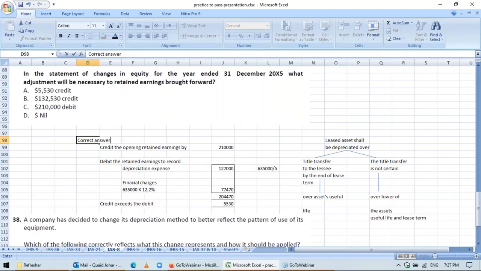So now we will remove the 210,000 expense from the profit and loss account in the previous year. So that will increase the profit by 210,000, and we will reduce the profit by the depreciation expense and the financial charges, which sum up to 204,470. The correct answer is that it will increase the profit by 5,530. So it's A.